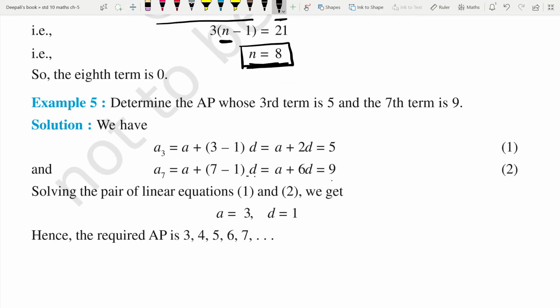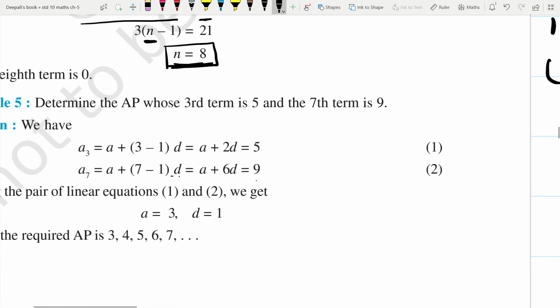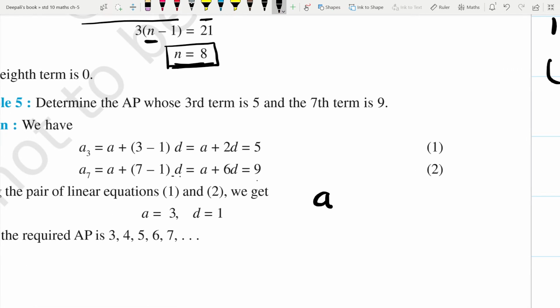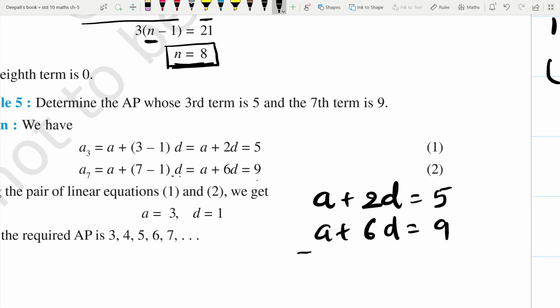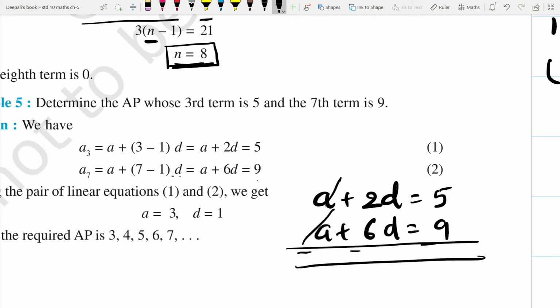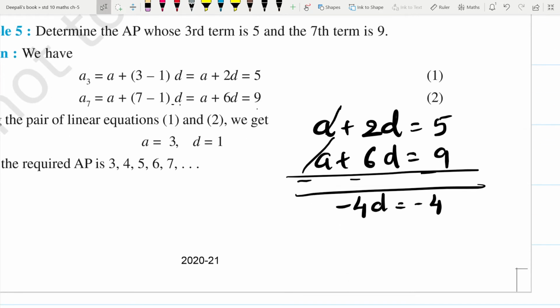Now by the elimination method of solving linear equations in two variables, if I solve these equations, subtracting both the equations, I get D is equal to 1.